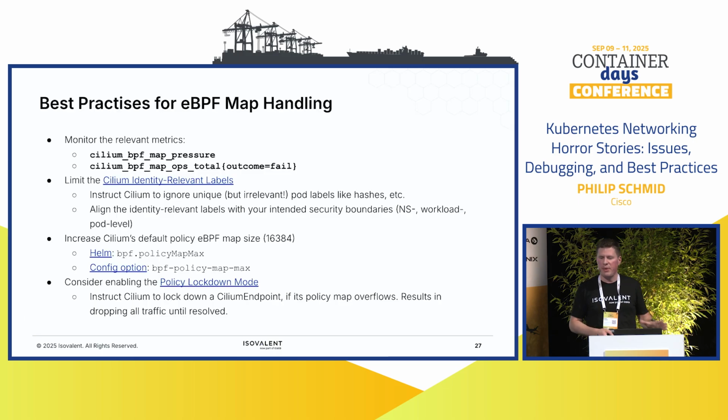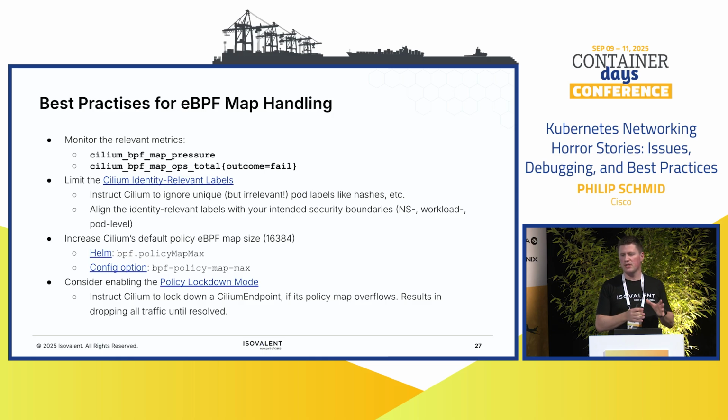Now here are a few best practices for eBPF map handling, as that's also super crucial, especially for large clusters. First of all, there are pretty helpful metrics there. Definitely make sure that you set up alerting based on those metrics. Second, oftentimes it makes sense to instruct Cilium about which labels it should care about and which it shouldn't.